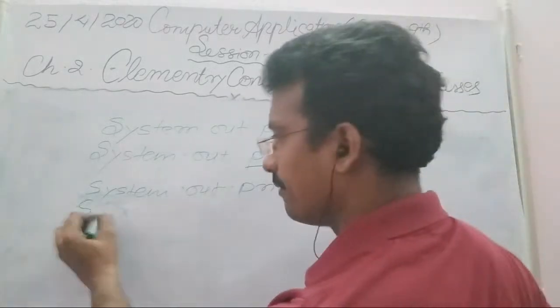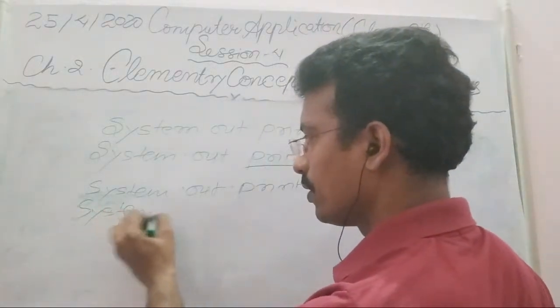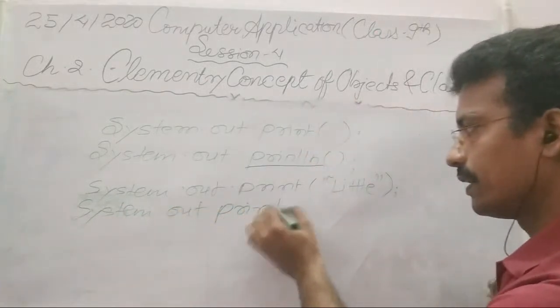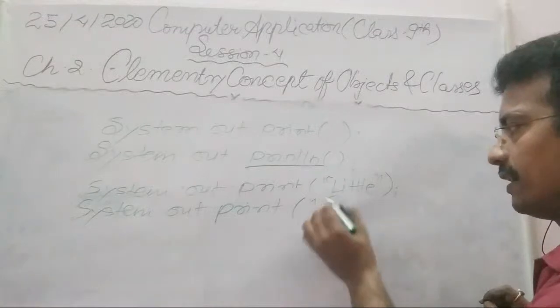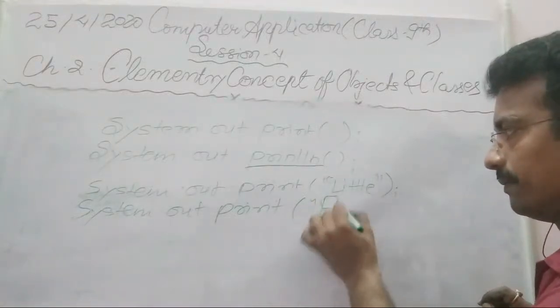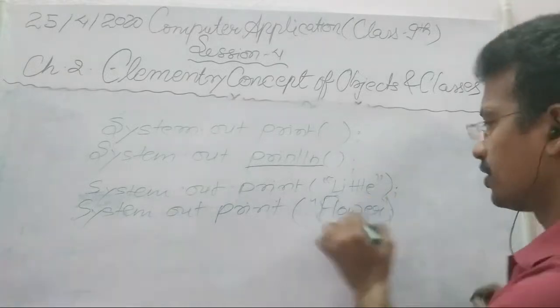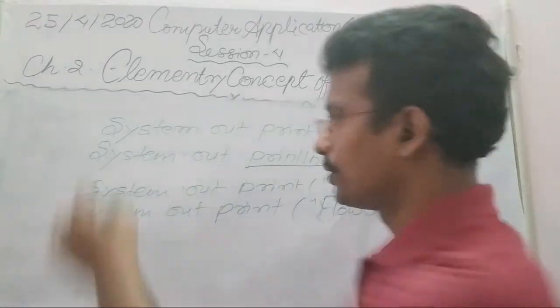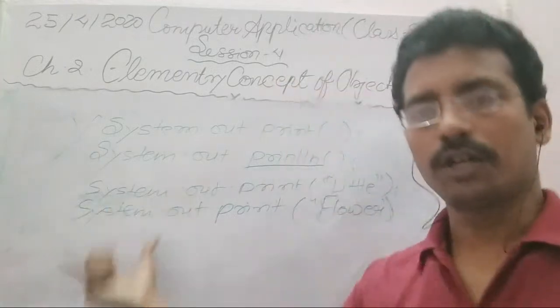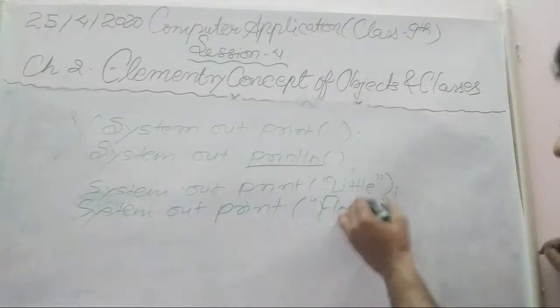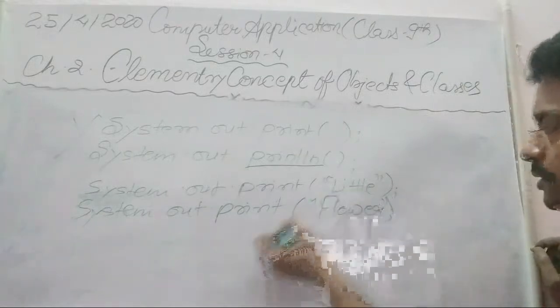After that, again I have written System.out.print, and I have written "flower". When these two statements execute, the result will come on the screen in this fashion.